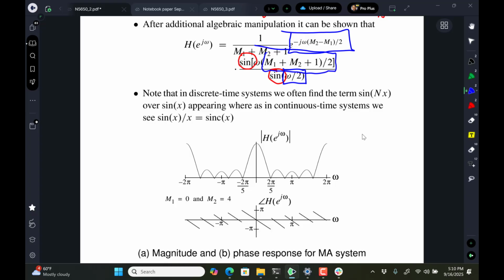So sine nx over sine x, and it's sort of the discrete time version of the sinc function. So the sinc function looks like this, sine x over x, whereas sine nx over sine x is what we have in the discrete time domain.